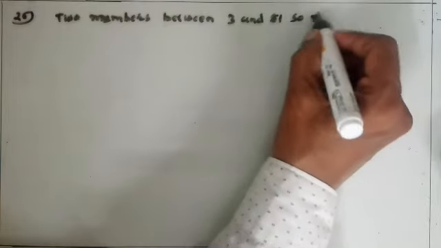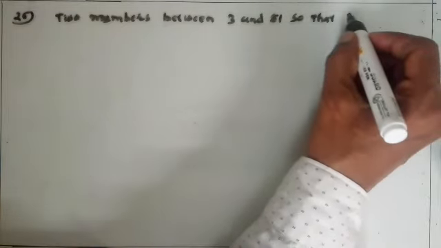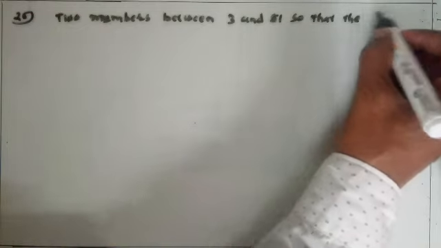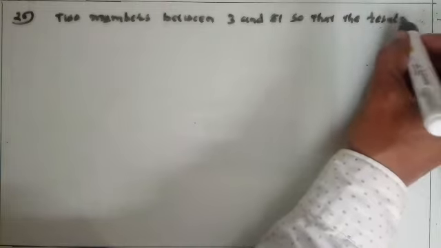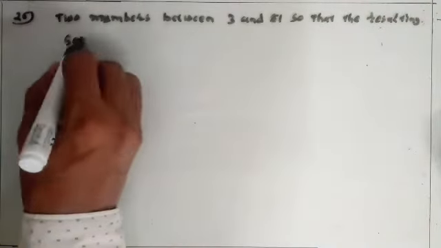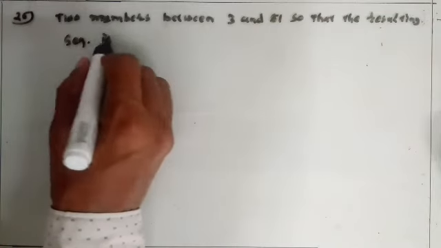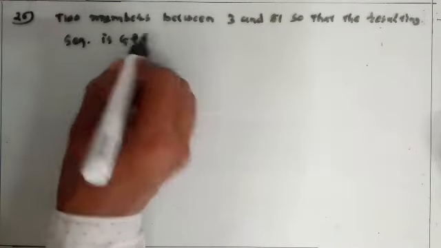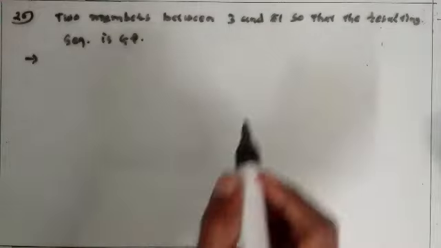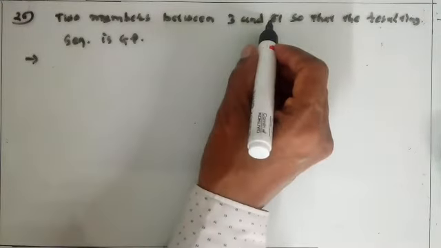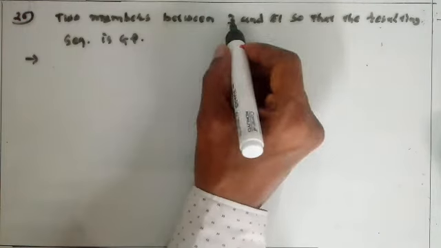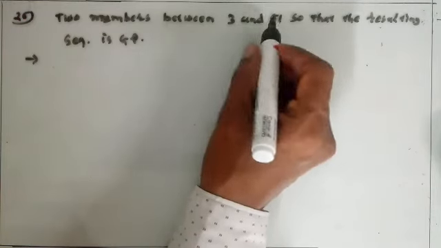Show that the resulting sequence is a GP. Here we want to get two numbers between 3 and 81 such that all these numbers are in a GP.